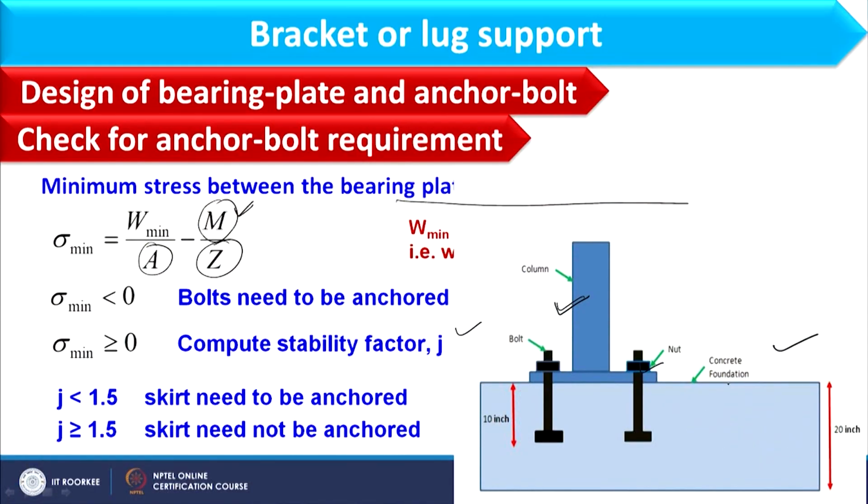Here if you see, we have this concrete foundation, and in which the bolts are first entered. Then these bolts are placed in the concrete foundation, and this is basically the bearing plate, and then we will put the nuts. So, this is bolt and this is nut.